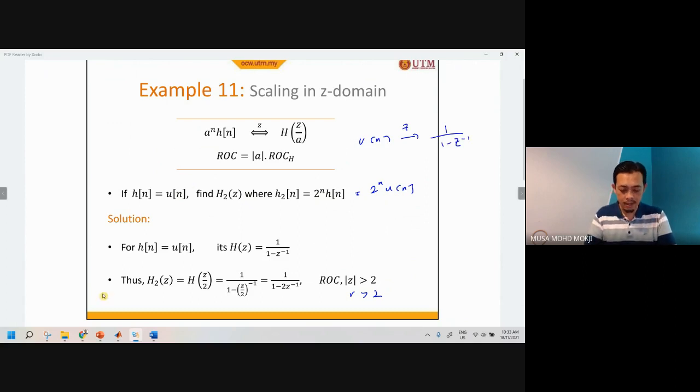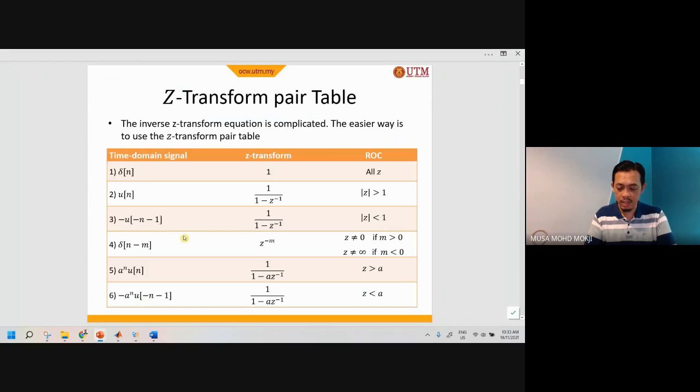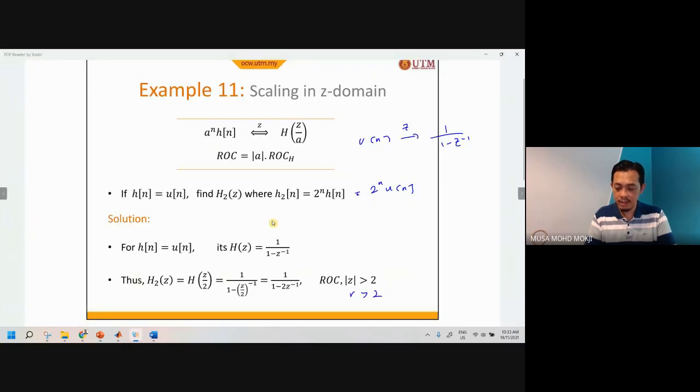Okay, so you can get that from the table, u[n], this is pair number 2. Okay, so all right, let's continue. Now this u[n] is multiplied by 2 to the power of n, which is a to the power of n, where a now is equal to 2. So for h[n] equals u[n], we already know it is 1 over 1 minus z to the power of minus 1.